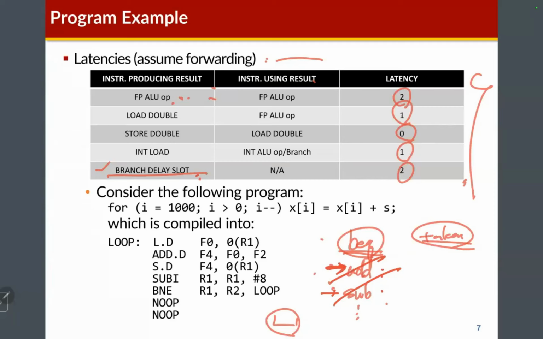Delayed branch means that even though the branch is taken, some instructions after this branch instruction are not flushed. You understand? So how can we apply this delayed branch?